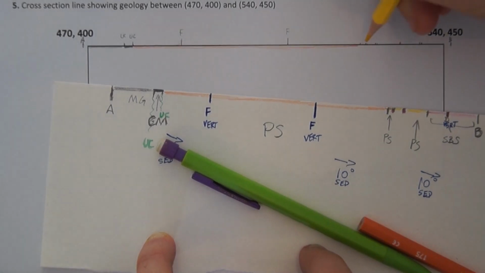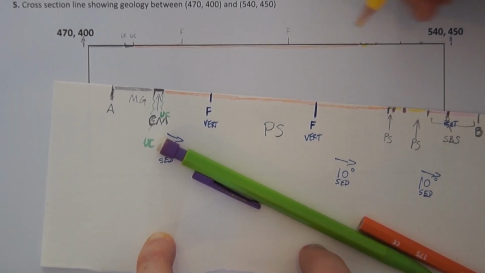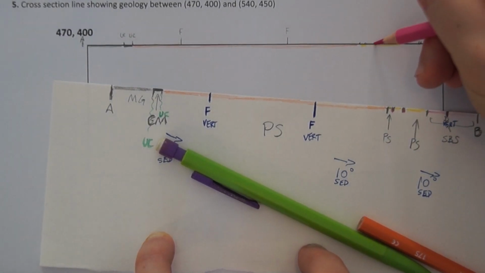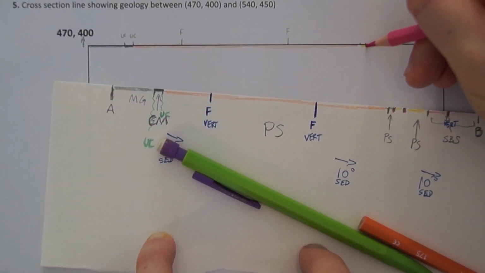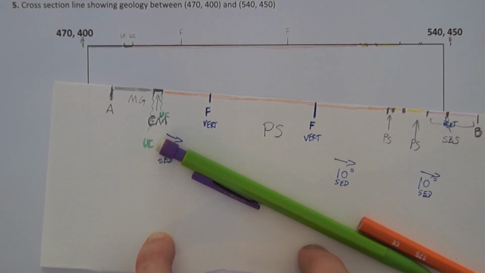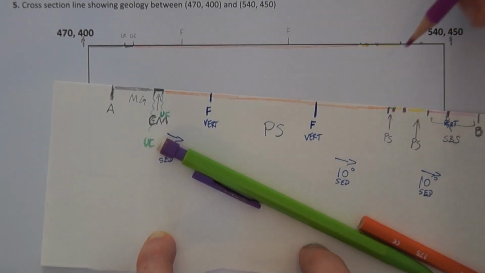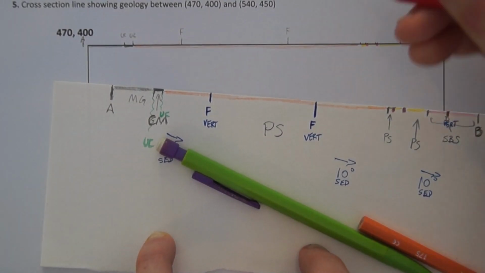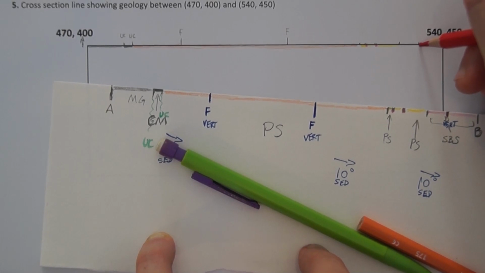Then we're into our Permian rocks that go from there all the way to there, with these little beds of dolomite in between them. And then we've got our Triassic St Bees Sandstone, which goes like this, and then there's that very skinny dolerite dike that's just there.